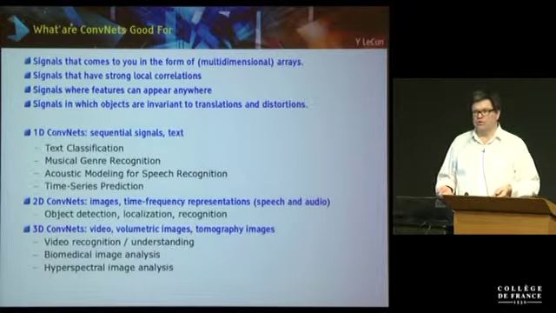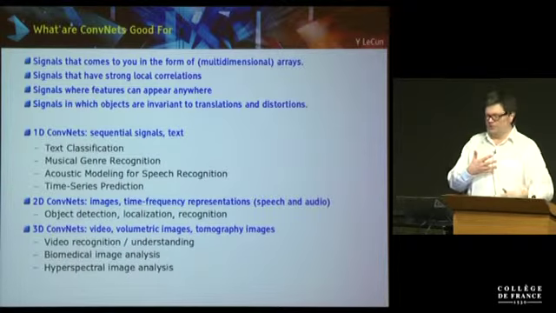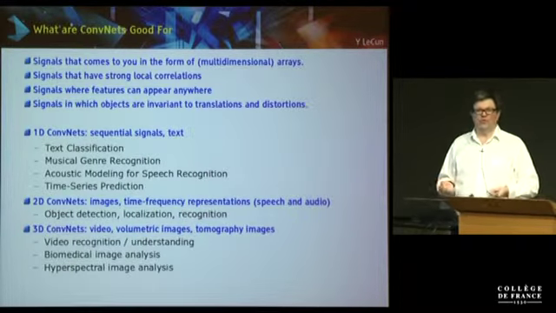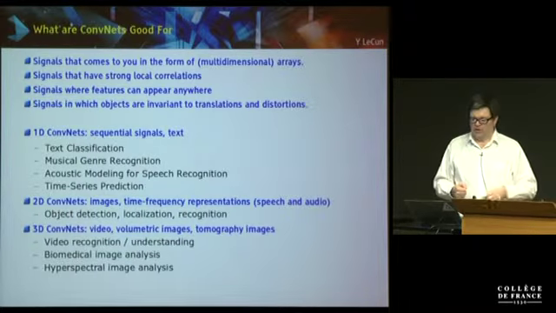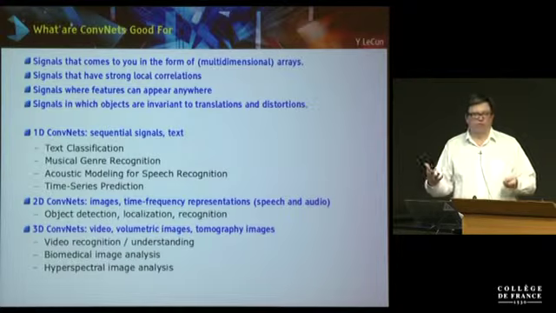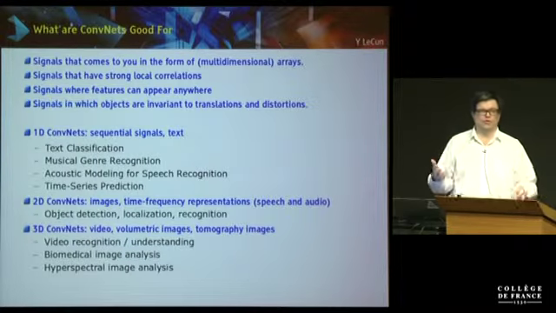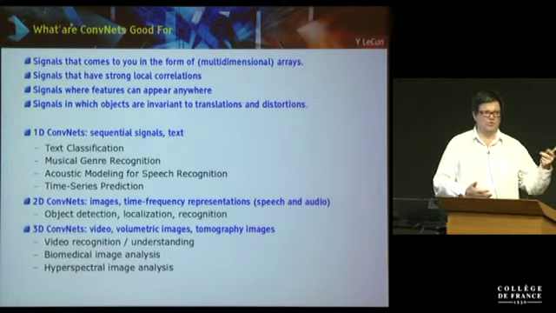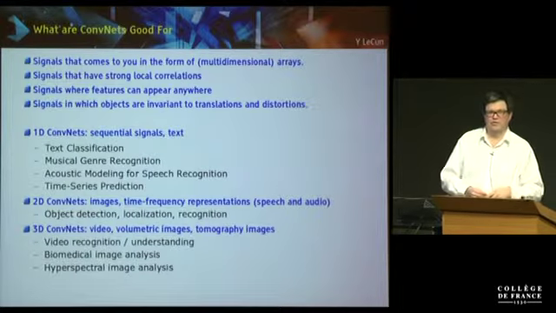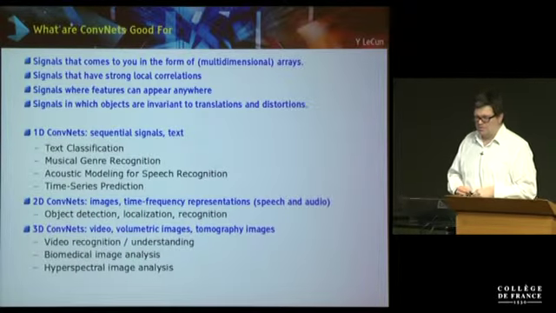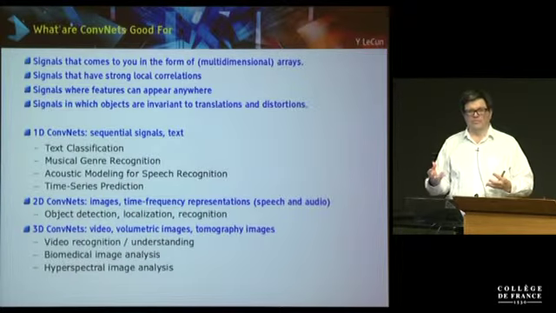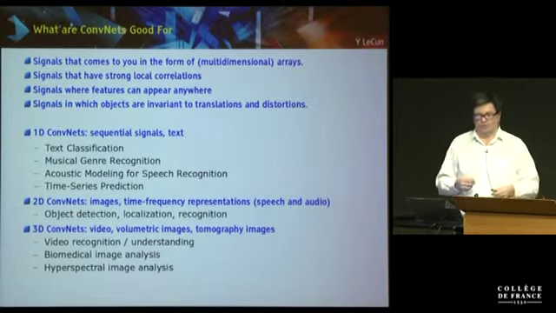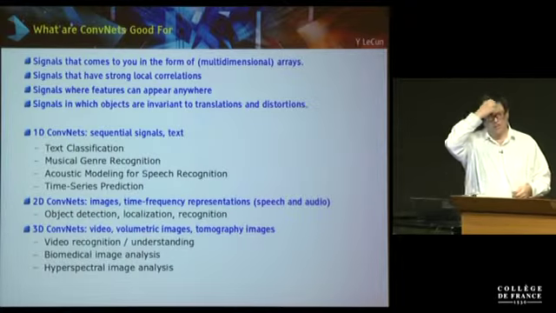Images too, in color, multiband, multispectral images, 3D images, volumetric or video with a time dimension, and many other things. Tridimensional videos in tridimensional biomedical image analysis, for example. So everything that comes in the form of an array.